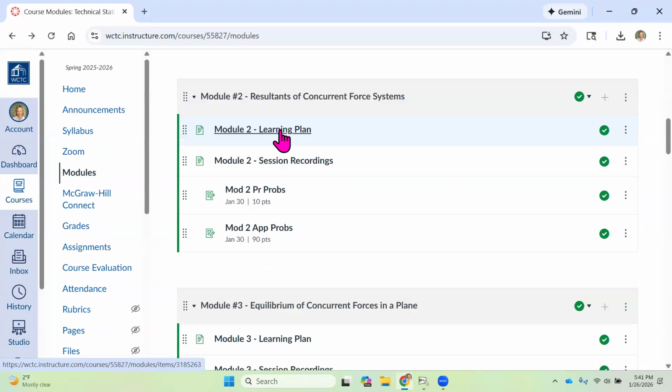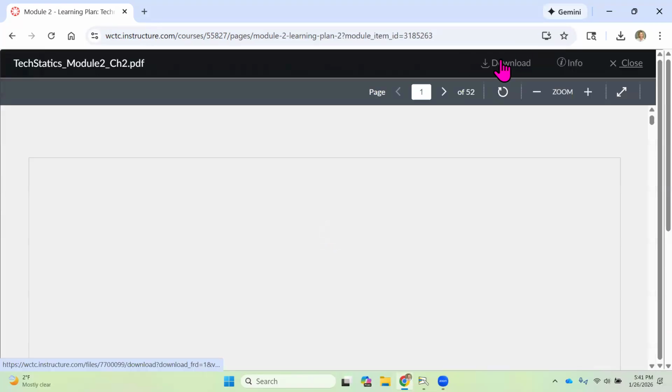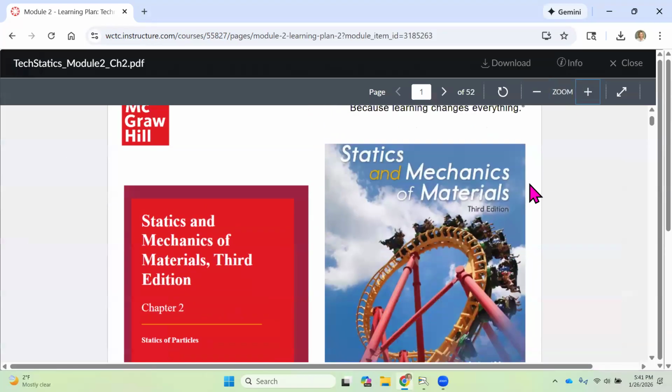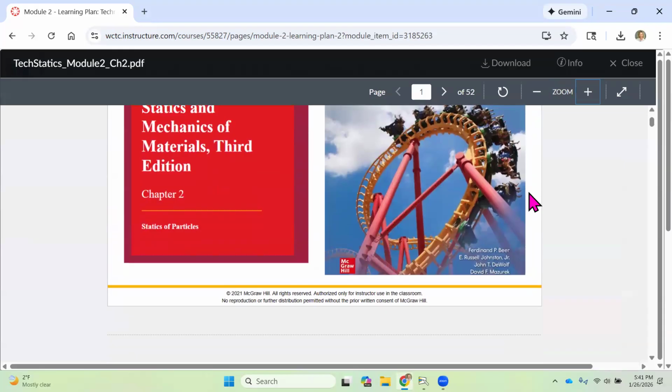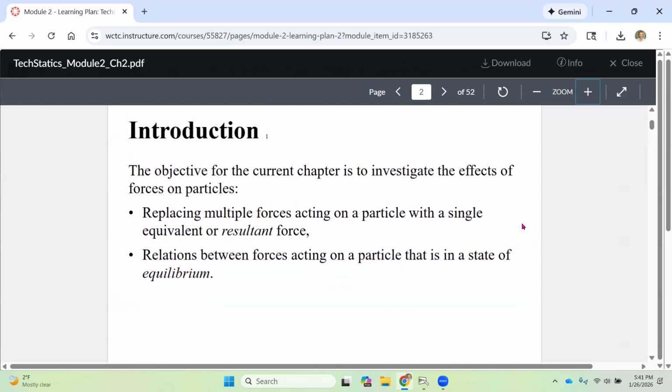So what I'm going to do is go back to our learning plan here, and I'm going to click on the PowerPoint presentation, the PDF there, and this is going to be what we follow for chapter 2. So if we go down, the introduction here to chapter 2 says the objective of this particular chapter is basically to be looking at calculating the resultant forces for any forces that are acting on a body, and then also looking at equilibrium.